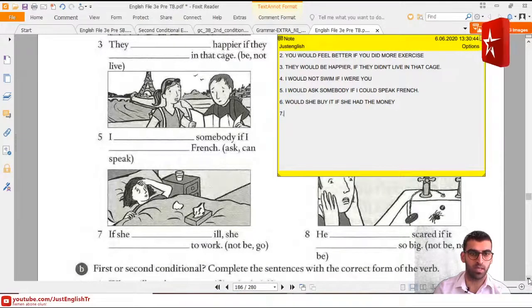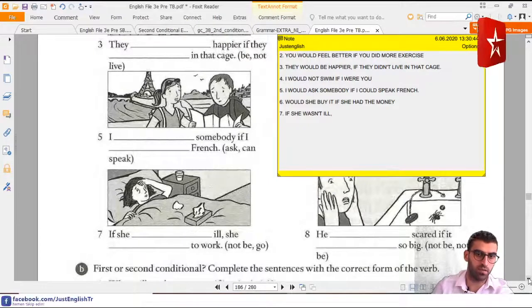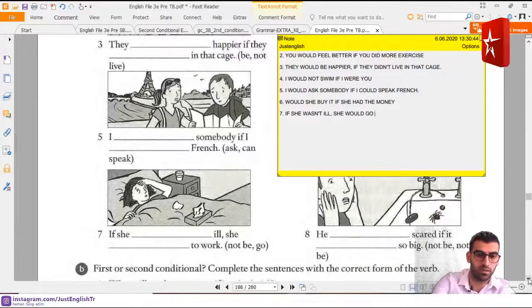If she wasn't ill, yes. If she wasn't ill, she would go to work.